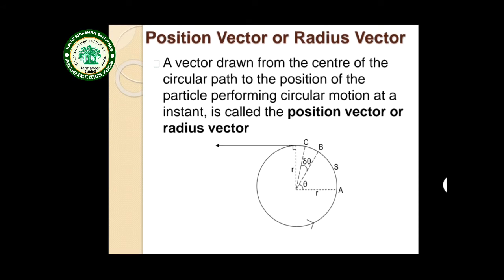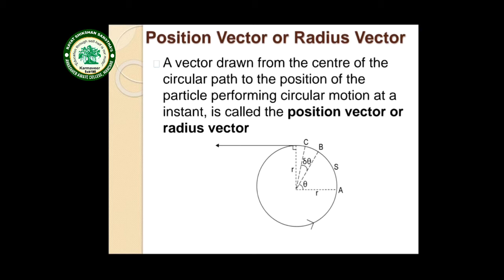Suppose we have an object placed in space. O is the origin, and where the arrow ends we can define P, which is the object.